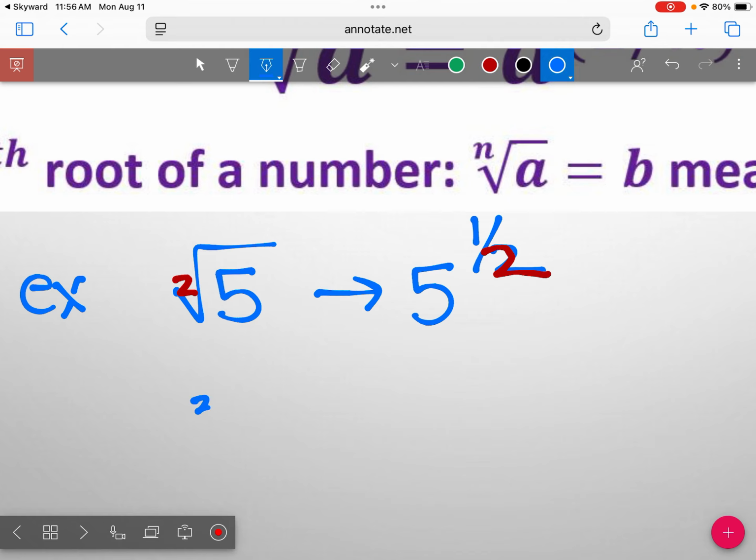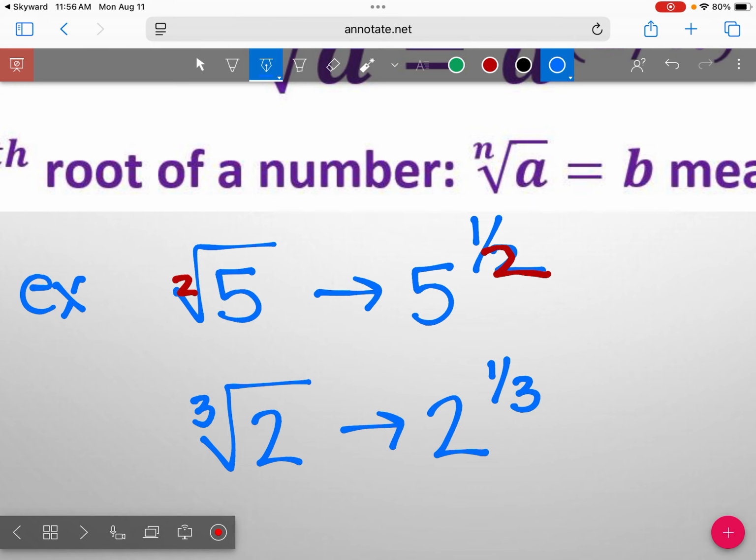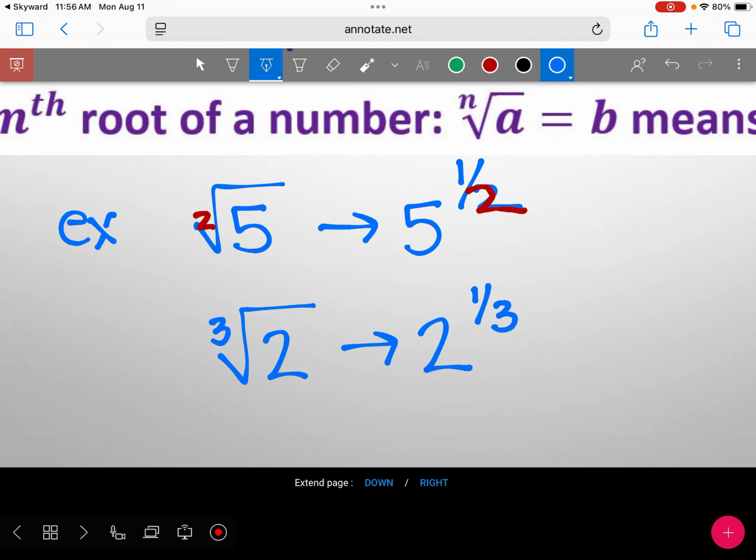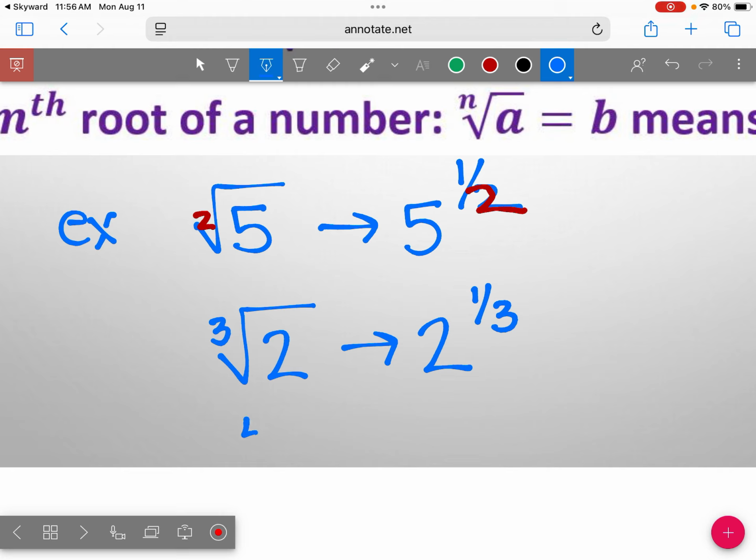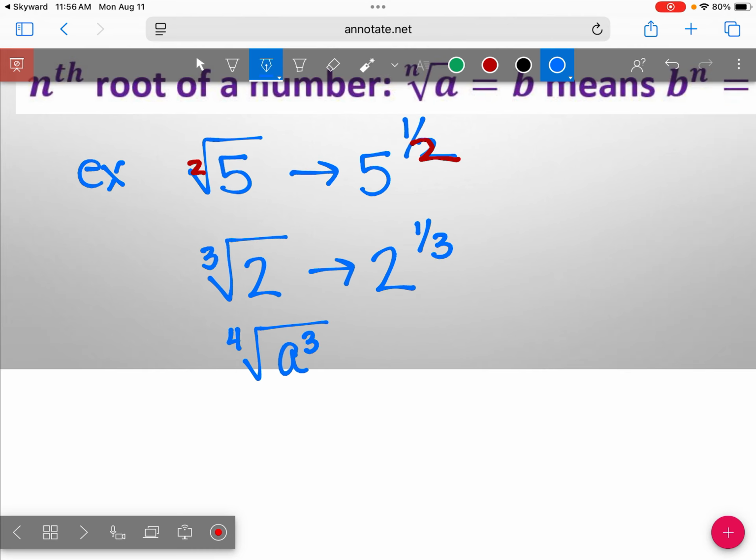Another example would be the cube root of 2. So how do you think I'm going to write that? 2 to the power of what? 1/3. Lastly, let's do one more. The fourth root of a cubed. All right, so now that's going to be a to the power of 4, but my exponent that's underneath goes in the numerator of my exponent.